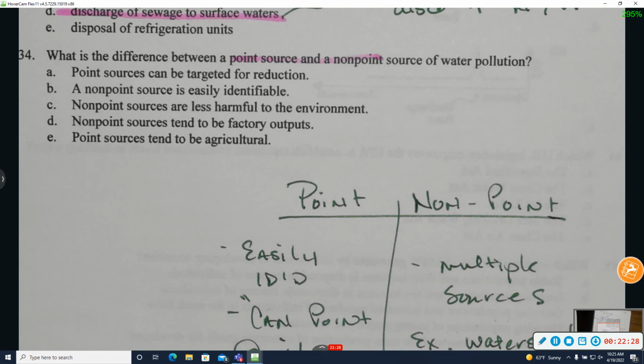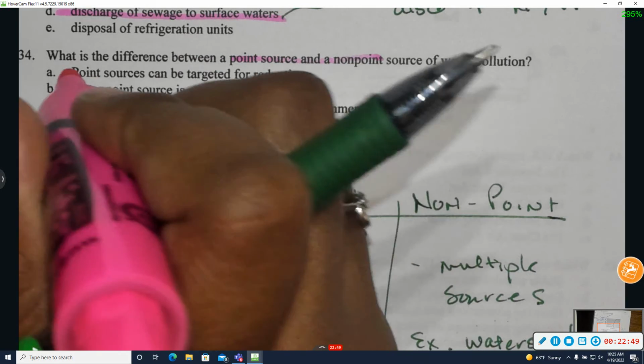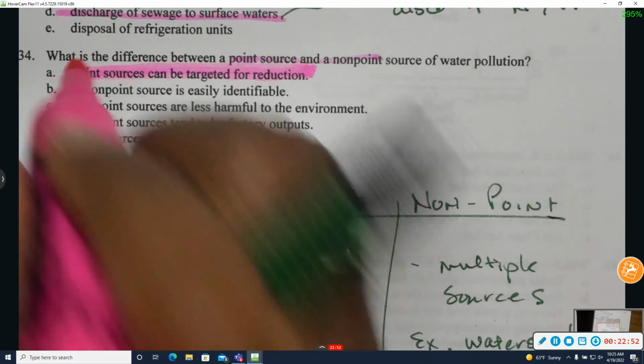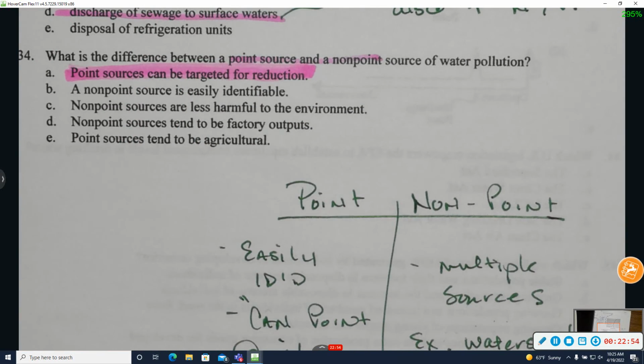So your answer here: a point source can be targeted for reduction because you can find it.